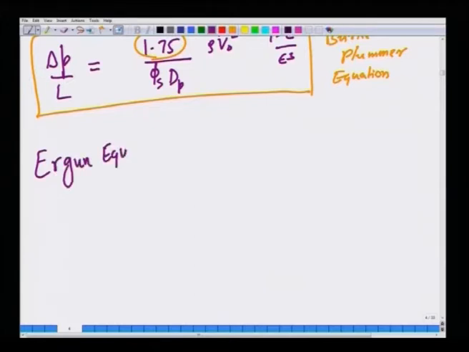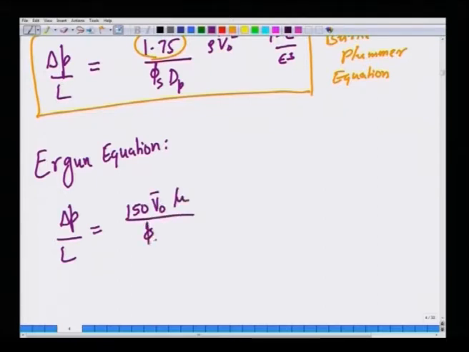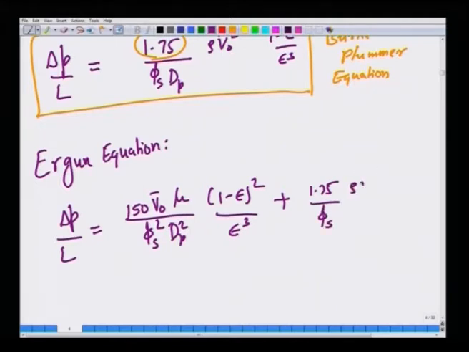The Ergun equation is merely a superposition of the two results: 150 V naught mu by phi s squared dp squared, plus 1.75 divided by phi s, rho V naught squared by dp, times (1 minus epsilon) divided by epsilon cubed. Okay.